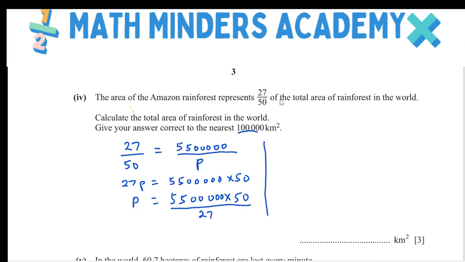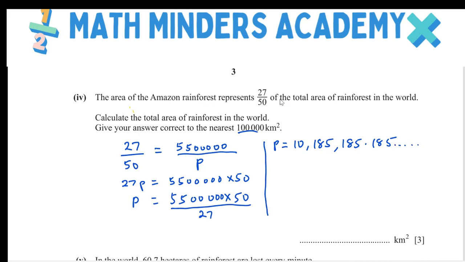Now, if we multiply this out, this is going to give us P equals 10,185,185.185, and some other floating part of this decimal.